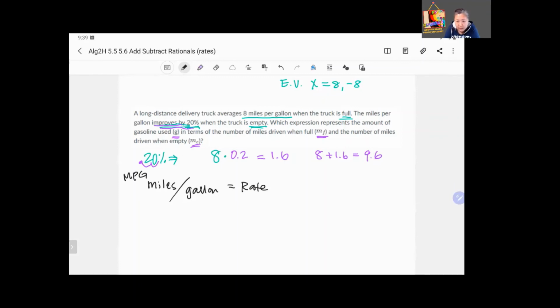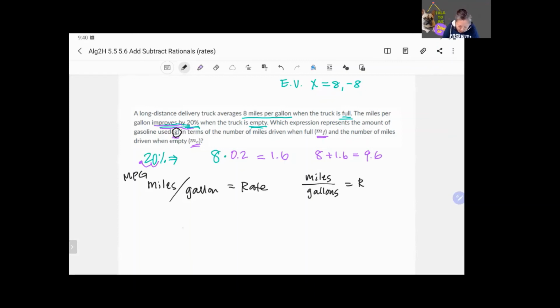How many gallons of gasoline? So here, miles over gallons is the rate. The rate can be 8 miles per gallon fully loaded, or 9.6 miles per gallon with the empty truck, right?